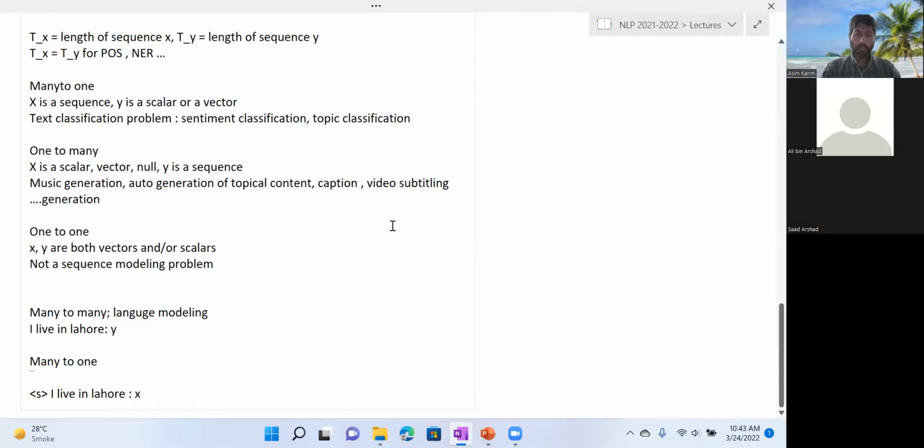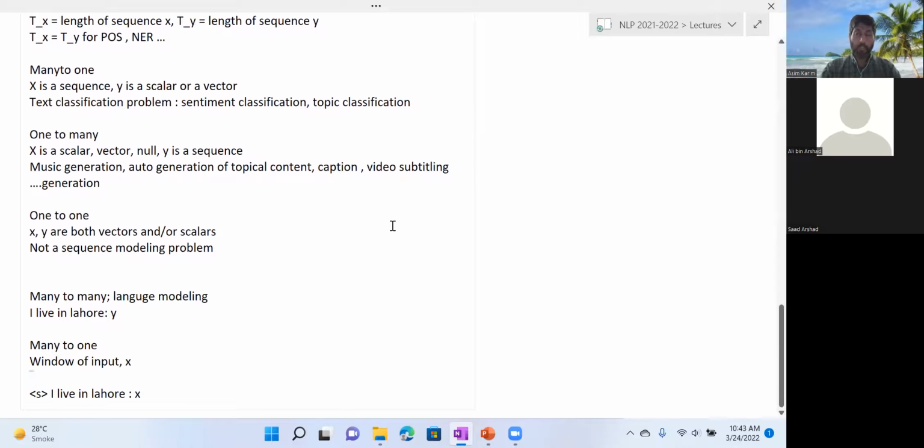So we were using a standard neural network to do this. So how did we do this? We typically took a window of the input, and then of course represented that as a vector X, and then you have output Y, which is a class label for whatever problem you are talking about.